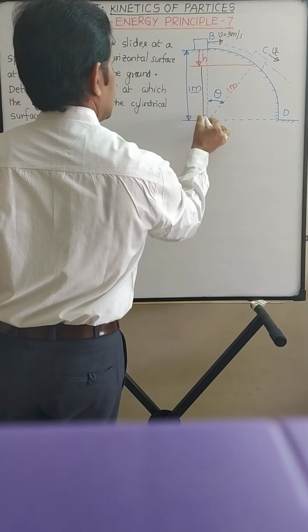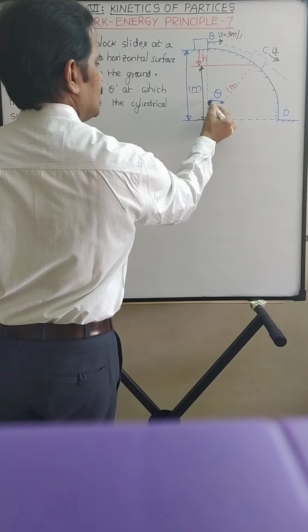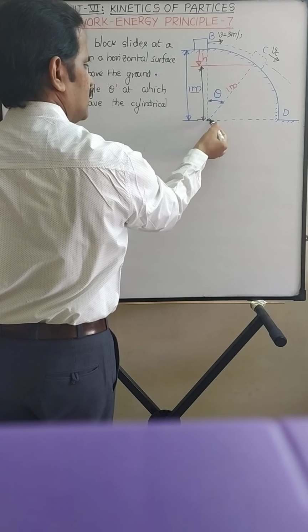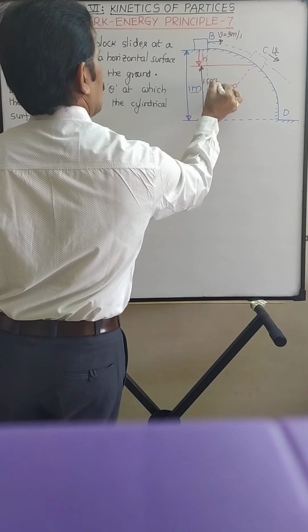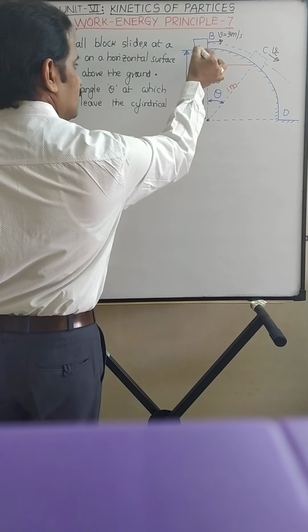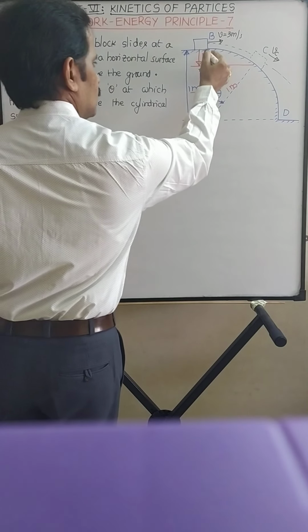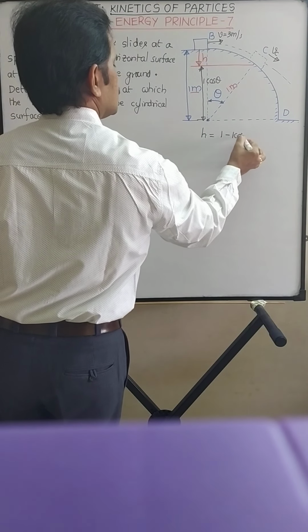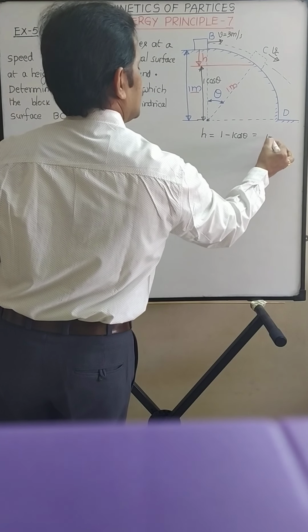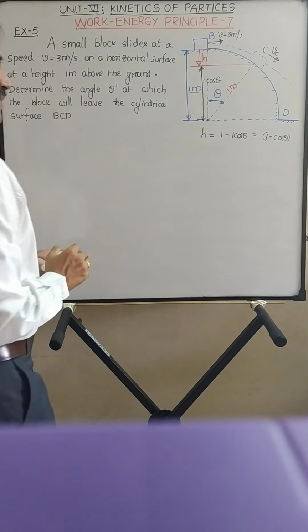So how much is this distance? If you consider this right angle triangle, you have this theta, hypotenuse is 1 meter, so adjacent side is 1 cos theta. So this vertical displacement h is equal to 1 minus 1 cos theta, so it is 1 minus cos theta.